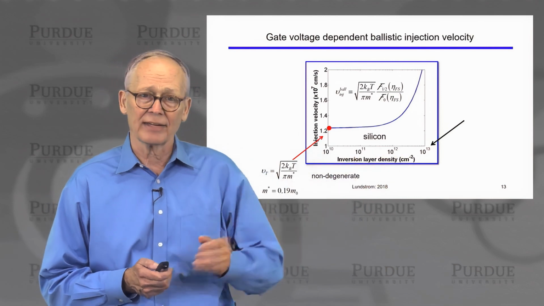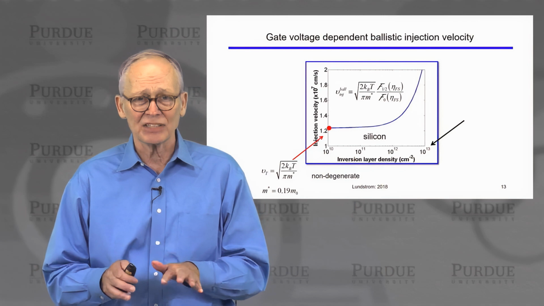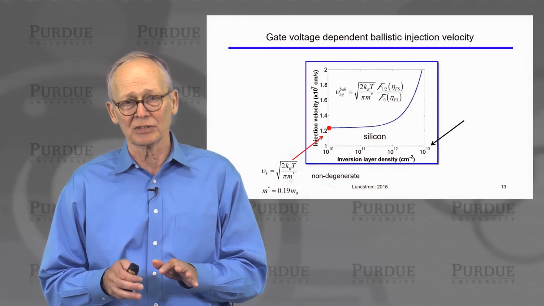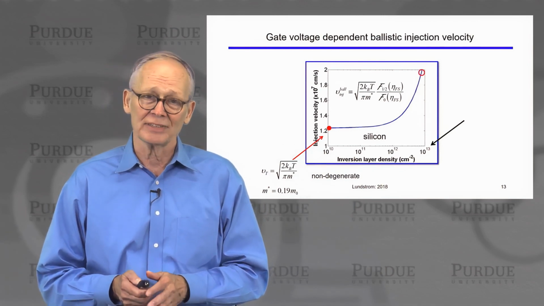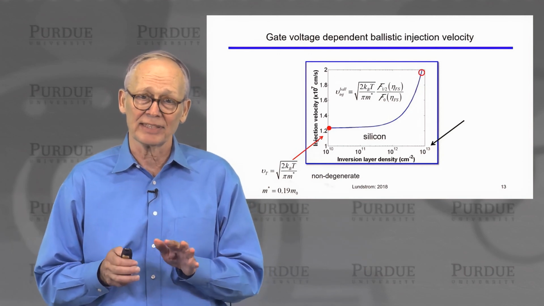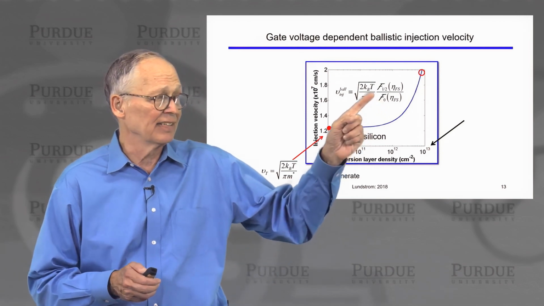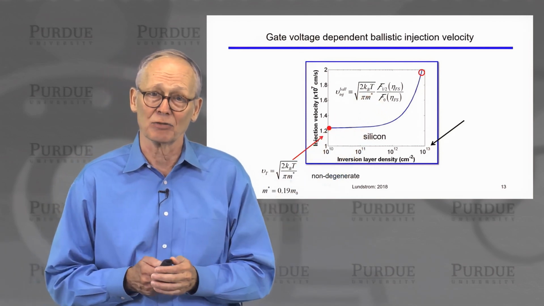10 to the 13th carriers per square centimeter is about the largest density of electrons that you might get under on-current conditions in a MOSFET. And you can see that under those conditions, the ballistic injection velocity could be significantly larger than its non-degenerate limit, square root of 2kT over pi m.